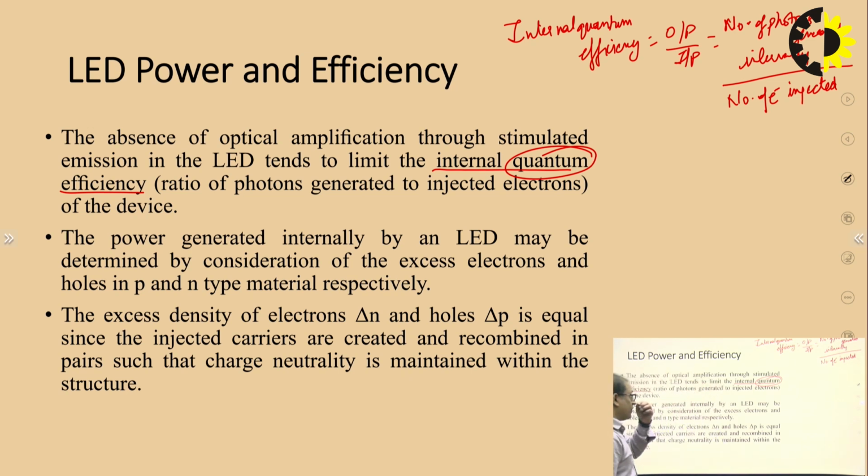When we connect the PN junction in the forward biasing direction, we are injecting electrons. So quantum efficiency is the ratio of photons generated to the injected electrons of the device, and that is known as the internal quantum efficiency.